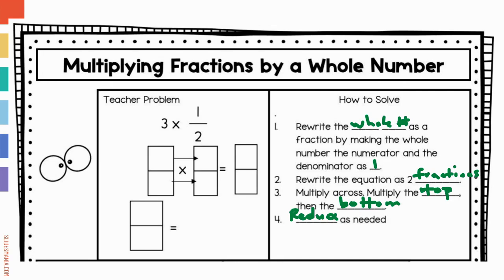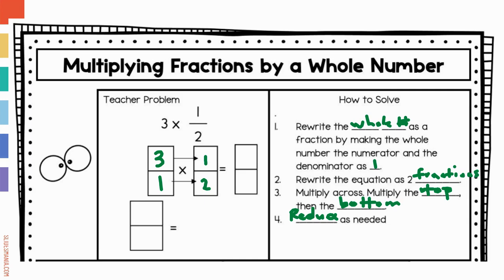Okay, so if we look at this teacher problem, we have 3 times 1/2. So the first step is write the whole number as a fraction. So to make that a fraction, we're going to keep 3 on the top, and then on the bottom we're going to put 1, because 3 over 1 is just 3. And then the 1/2 will stay the same. Now we're going to multiply the top.